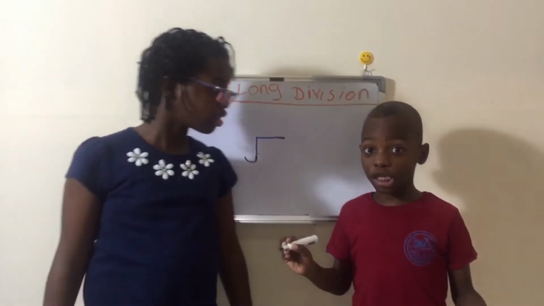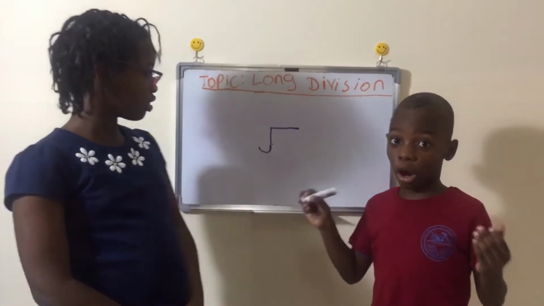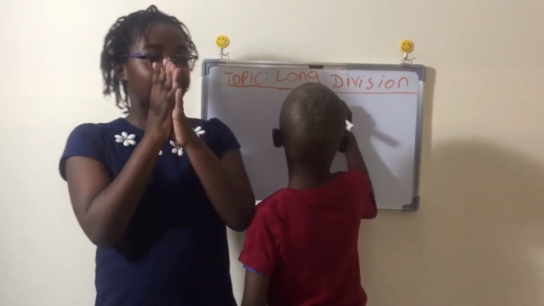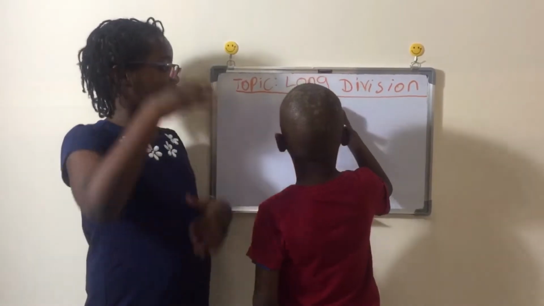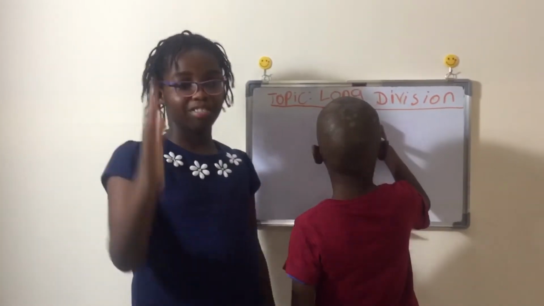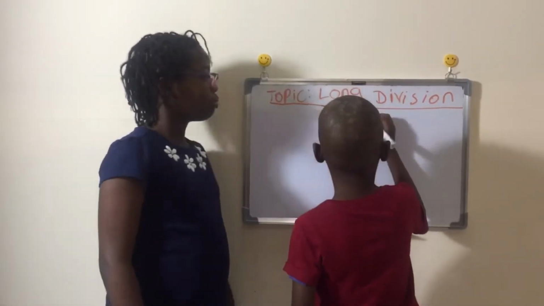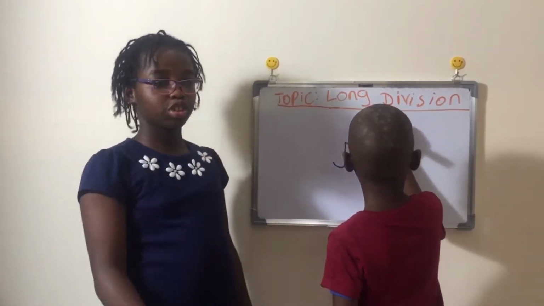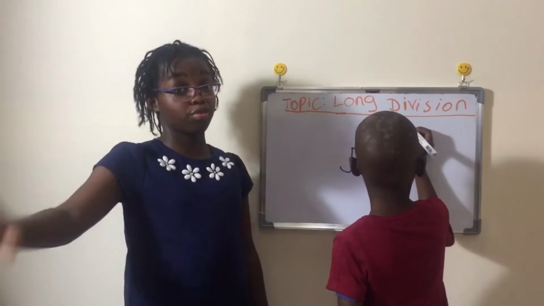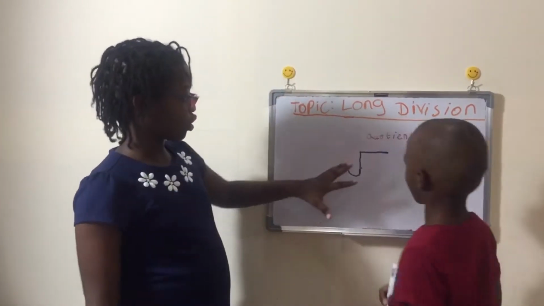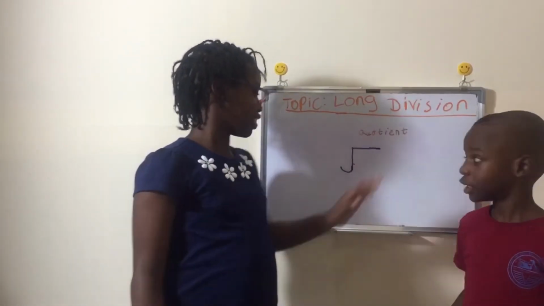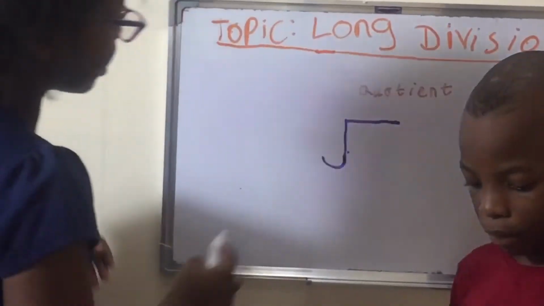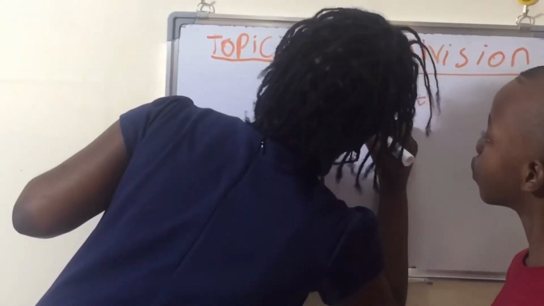So the quotient is always at the top, and it's also called the answer in our normal writing. But for long division it is very specific. They want it to stand out from the rest. That is why it's called quotient. And it's the answer, and the answers are always at the top.